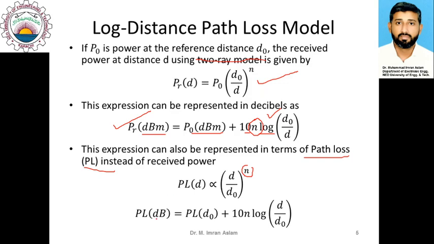So if we represent this in decibels, path loss in decibels would be whatever path loss we have at the reference distance d naught, of course in decibels, plus this dB value of d over d naught raised to power n. So 10n log d over d naught. So this is the expression that we can use if we are calculating the path loss in decibels.